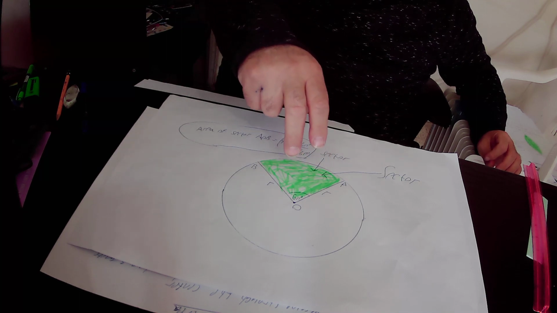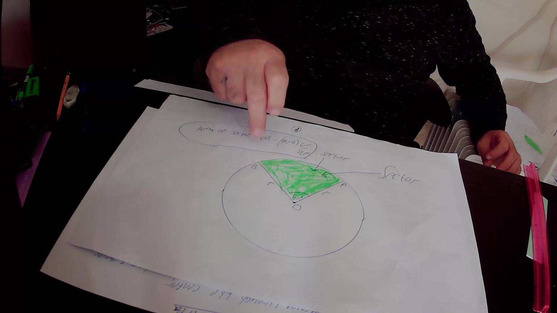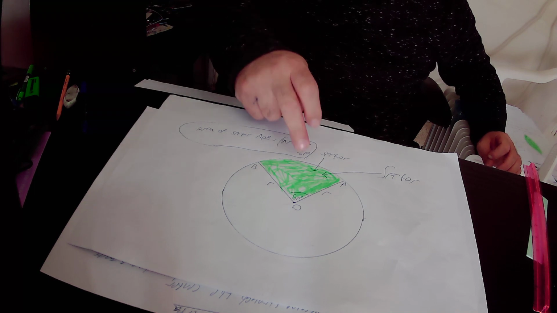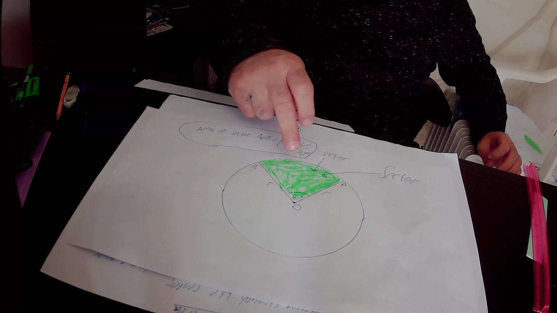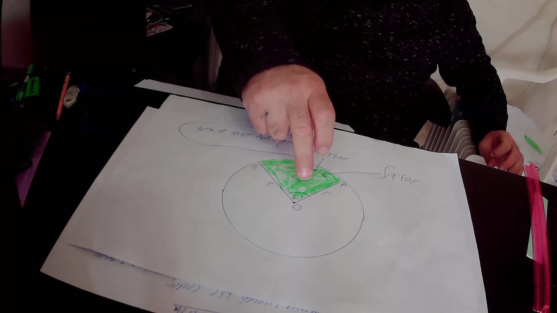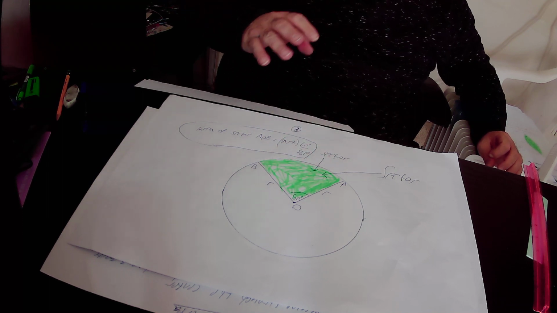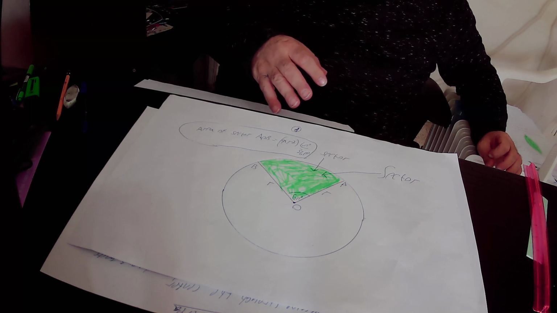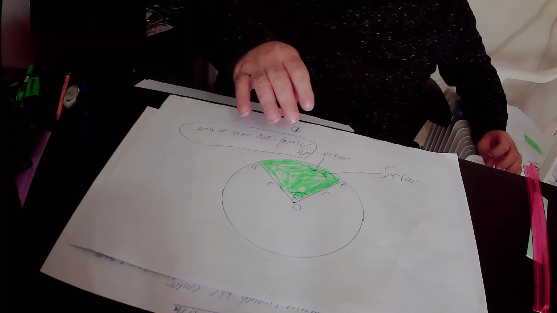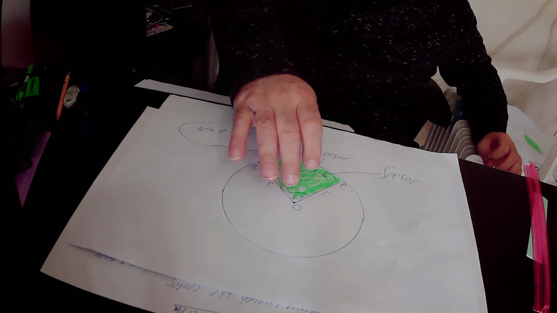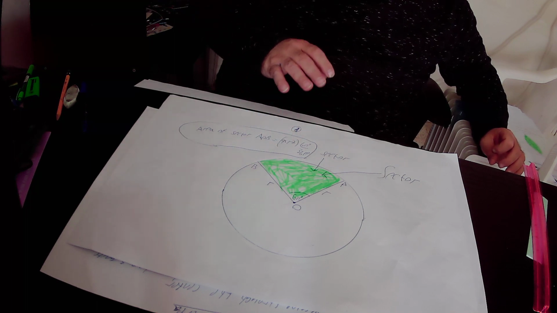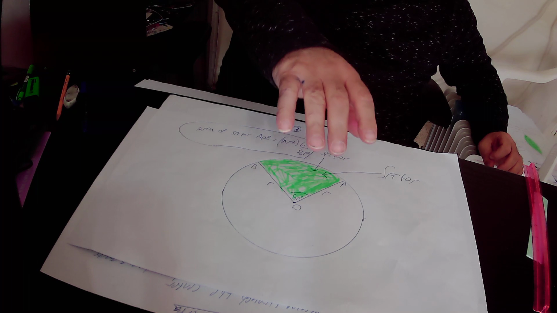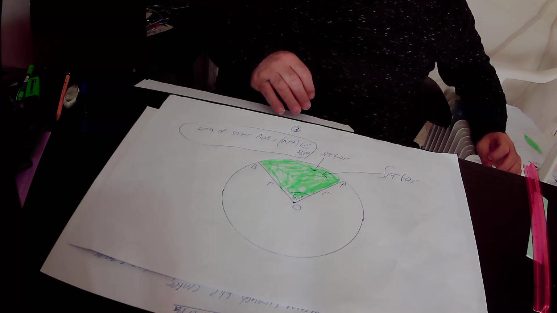So this green shape is sector AOB, and the area of this specific sector is equal to pi r squared times 60 degrees over 360 degrees. But in general, the area of any sector is equal to pi r squared times the angle between the 2 radii over 360 degrees, when r is the radius of the circle. Okay?